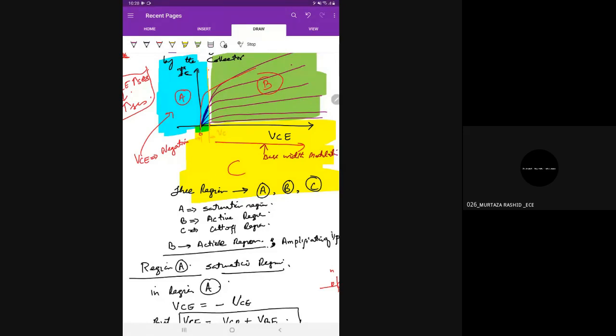We say VCE is very small, nearly equal to 0. These VI characteristics, whether the curves are away from the y-axis or closer to the y-axis, actually vary from BJT to BJT.